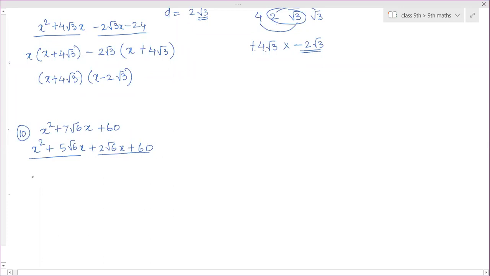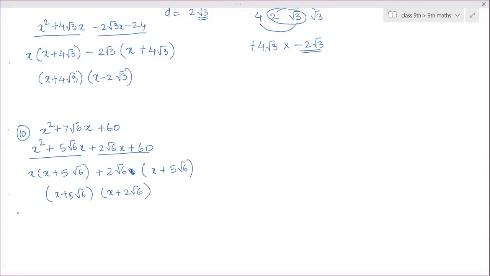Then equal to x bracket x plus 5 root 6 bracket close plus root 6 bracket x plus 5 root 6. Ma'am, 2x will not come there. Yes, ma'am. Okay, very good.